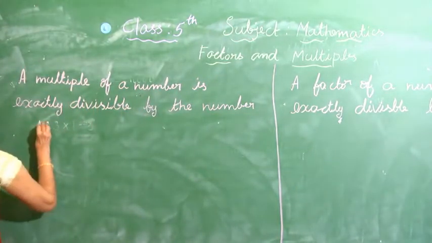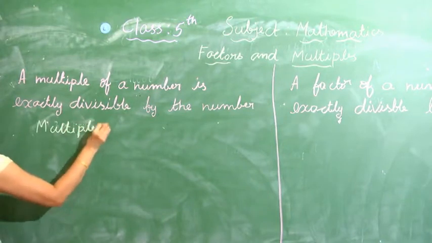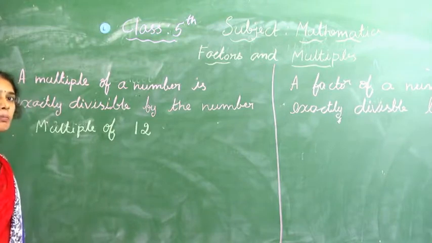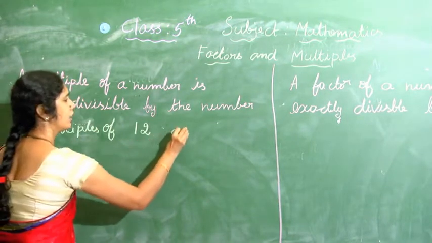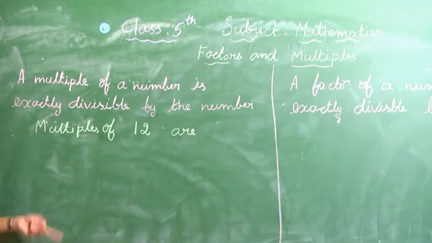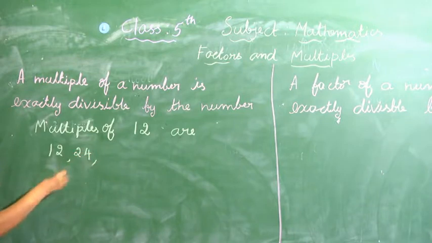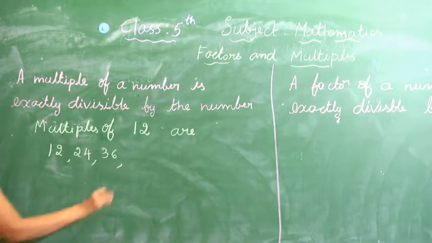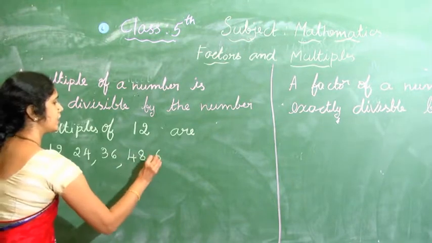Now the multiples of 12. What are the multiples of 12? 12 ones are 12, 12 twos are 24, 12 threes are 36, 12 fours are 48, 12 fives are 60.